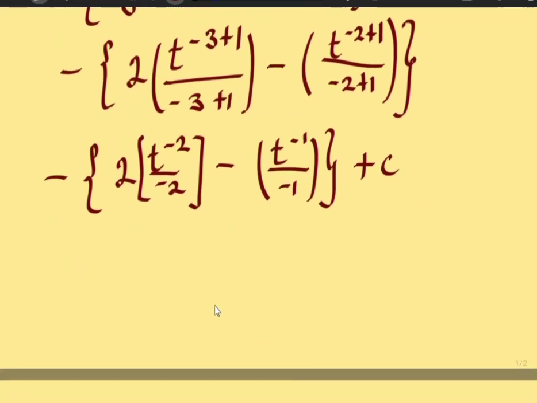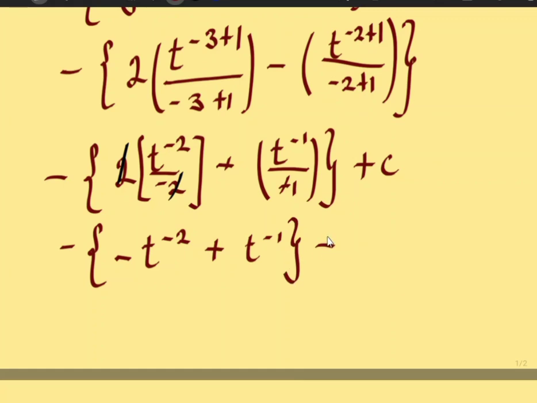We still have the negative in front of the whole bracket. We have negative t raised to the power minus 2, then plus, because the negative signs take care of each other, t to the power minus 1, all in brackets, plus c.